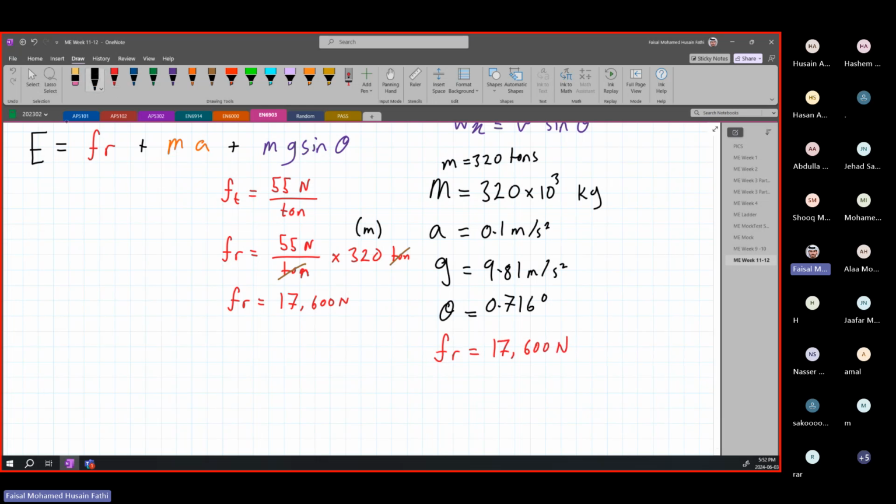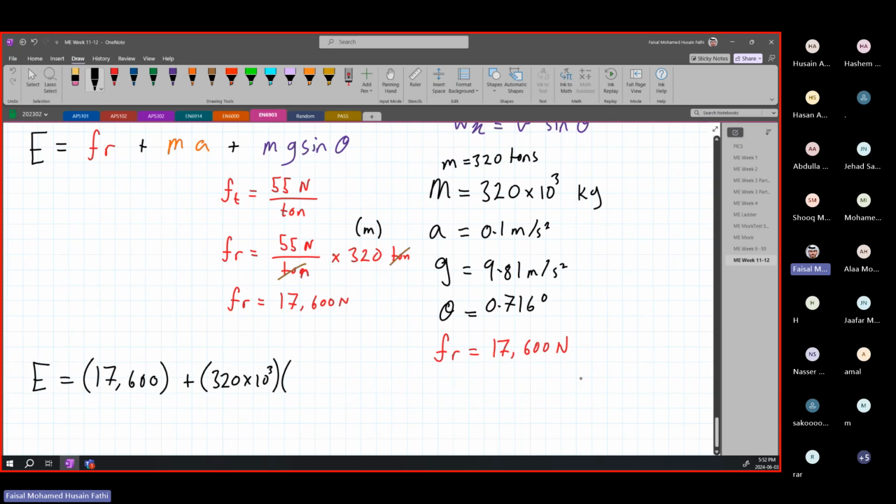Now we can plug in to find our E value, which is our total force to accelerate the train. So Fr, which is 17,600, plus m times a, which is 320 times 10 to the power of 3, times acceleration, which is 0.1. Remember, this has to be in kilograms. Plus mg, m is again 320 times 10 to the power of 3, times gravity, which is 9.81, times the sine of theta, which is sine of 0.716.